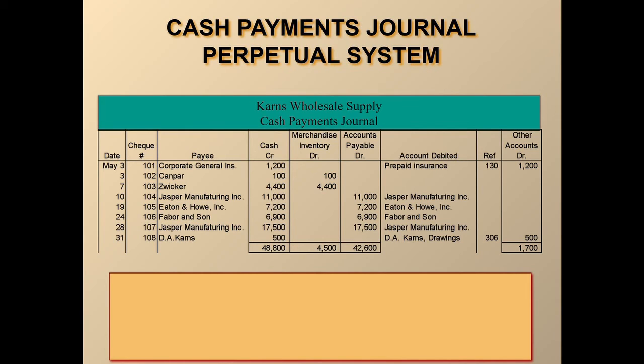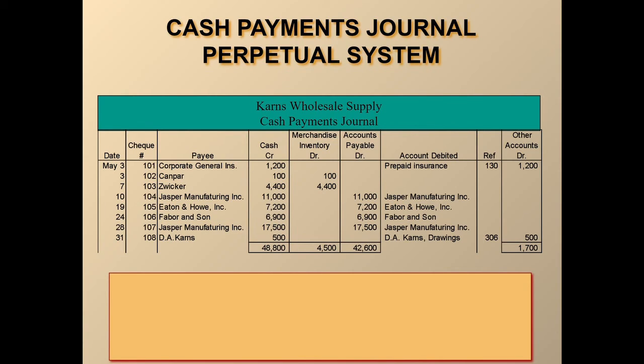In this case, we've got the date, the check number, who you're paying, and the cash column is always filled out because it's the cash payments journal. And then what are you paying? Merchandise inventory is one possibility.